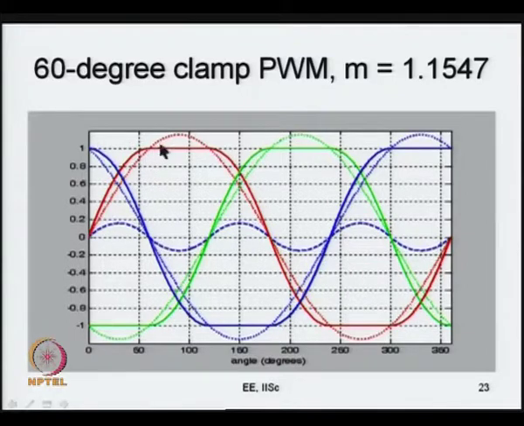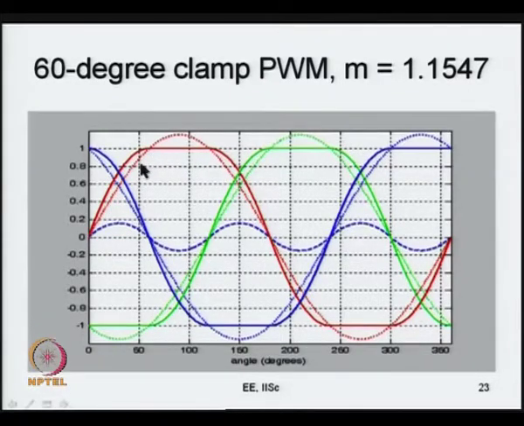Now, this is the case where I have drawn the highest possible fundamental voltage. This is the common mode component. When I add the common mode component, the waveform between 60 and 120 degrees is still clamped, and then it comes down. This part is not sinusoidal; the dotted line is a sinusoid, but the solid line is not.